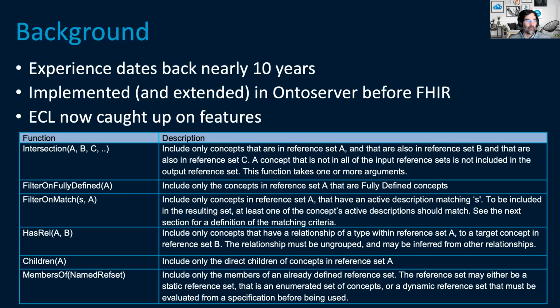That was the first thing that was floated, and then we got ECL, where the syntax was influenced by the post-coordination syntax, and it was not an English language oriented syntax. It's a little bit cryptic, but once you get the hang of it, it's actually, I think, fairly intuitive and really quite compact and powerful.